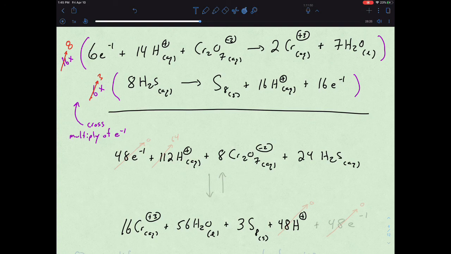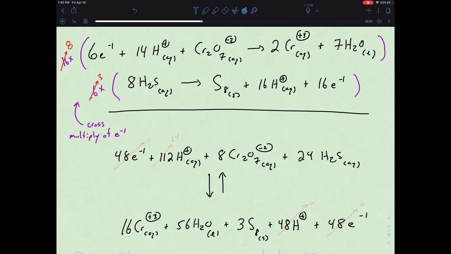So that is our overall process, and as you can see, it's quite big as far as the actual reaction is concerned.